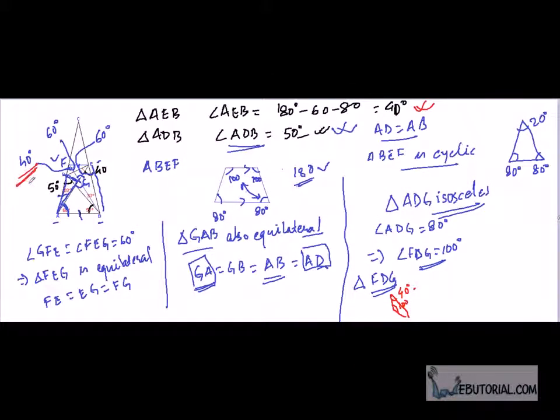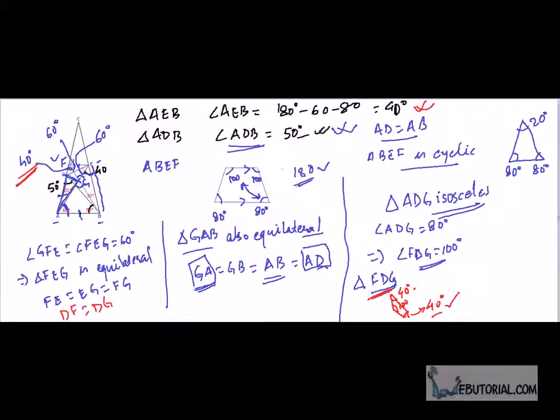This angle over here, we had found this angle to be 40 degree. So the other angle over here will also become 40 degree. If this thing is happening, then what we can say is that FDG is also isosceles. If FDG is also isosceles, then we can say that DF is same as DG.